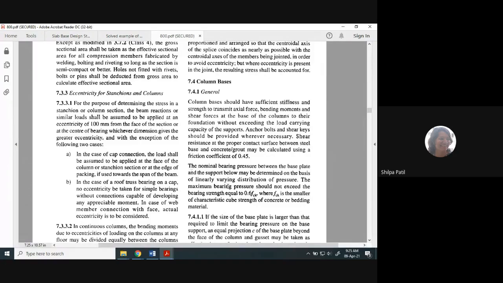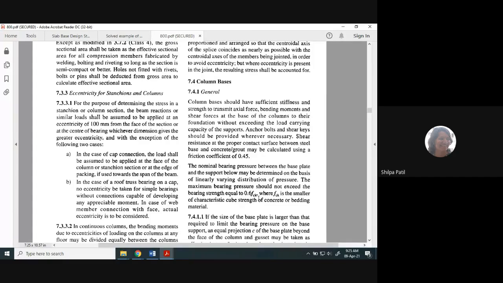I'm just reading the second paragraph here. The nominal bearing pressure between the base plate and the support below may be determined on the basis of linearly varying distribution of pressure. The maximum bearing pressure should not exceed the bearing strength equal to 0.6 FCK, where FCK is the smaller of the characteristic cube strength of concrete or bedding material.